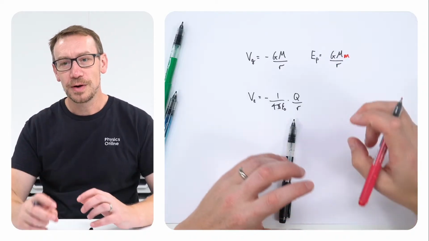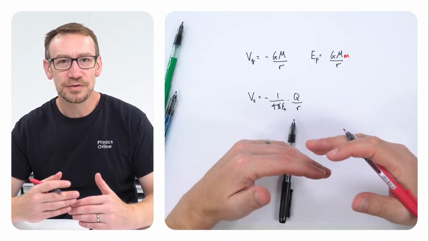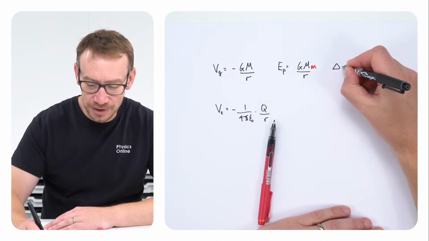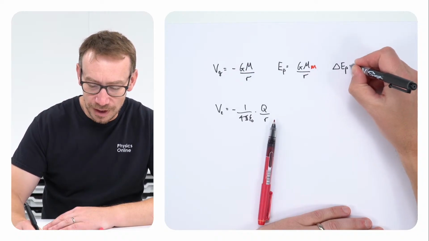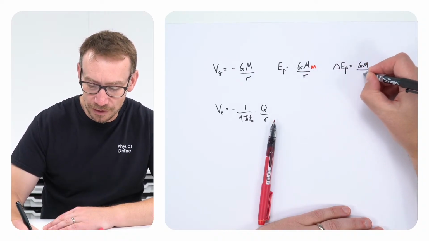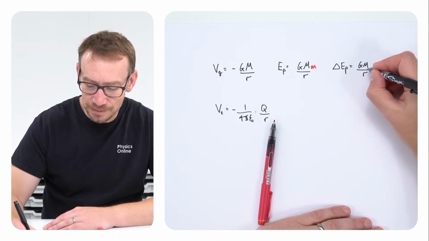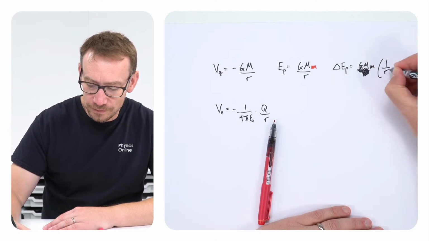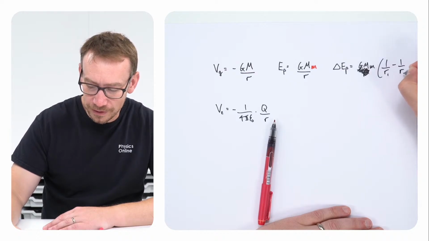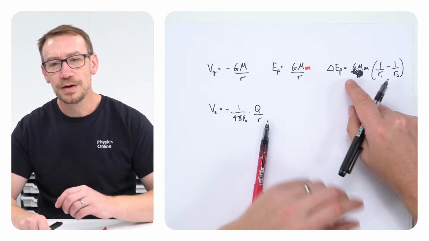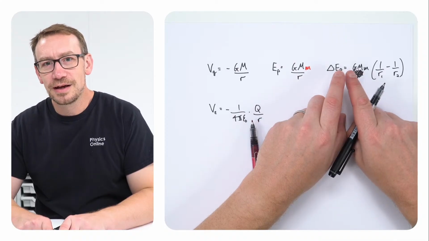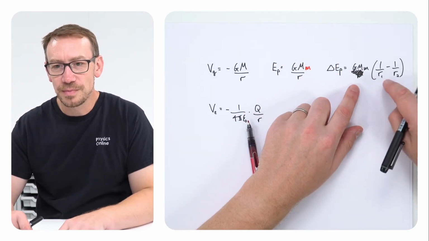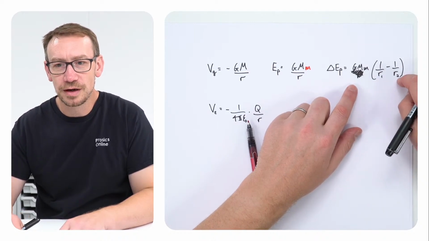Often when you've got a question, we look at something going from one point to another, so it might be more important to look at the change in gravitational potential, which would be equal to Gm, by 1 over R1 minus 1 over R2. This would be the change in gravitational potential in a radial gravitational field as an object moves between positions R1 and R2 in that field.